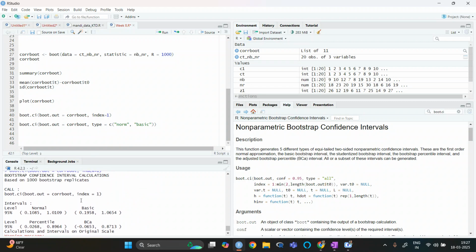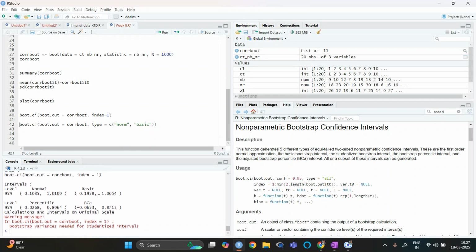So index equal to 1 has given for the normal one, for the basic one, for the percentile, and for the bias corrected, but it has not given for the T, and there is a warning message that bootstrap variances are needed for the studentized intervals. So we know that for the T distribution we need to have the variances.